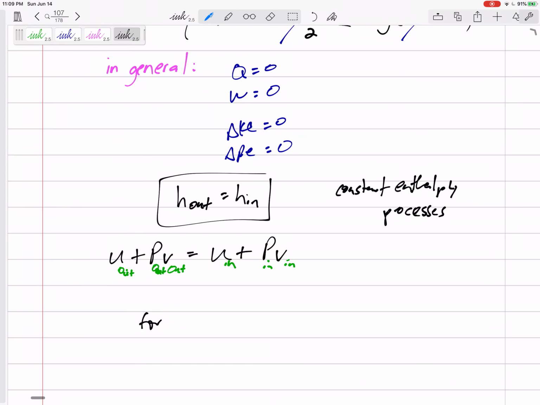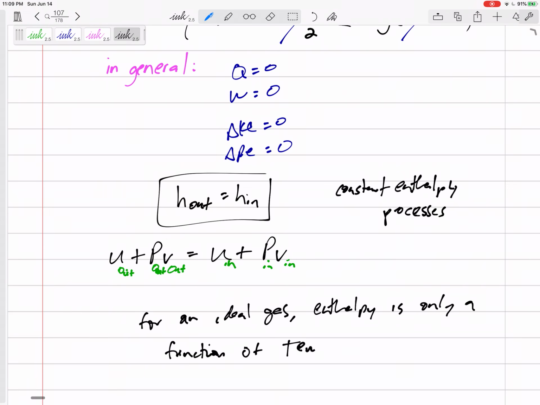One more thing before we move off of this one. For an ideal gas, enthalpy is usually only a function of temperature. And so if enthalpy is constant, temperature is constant.